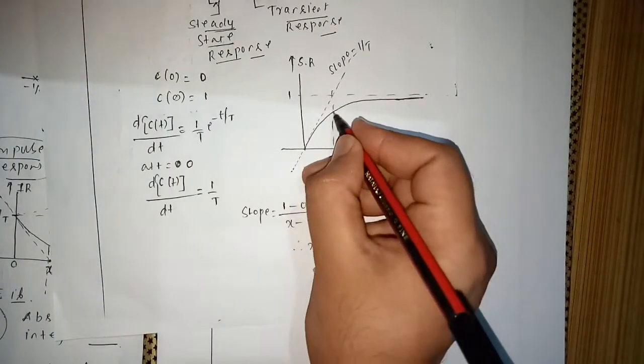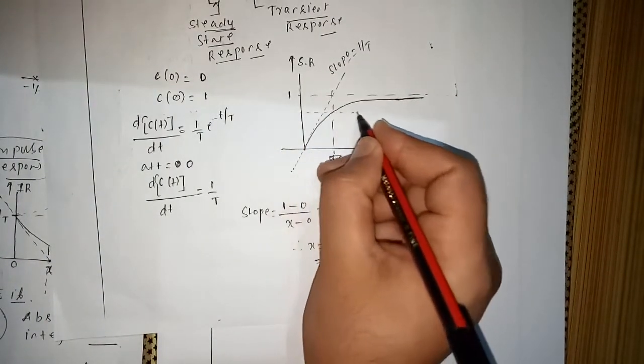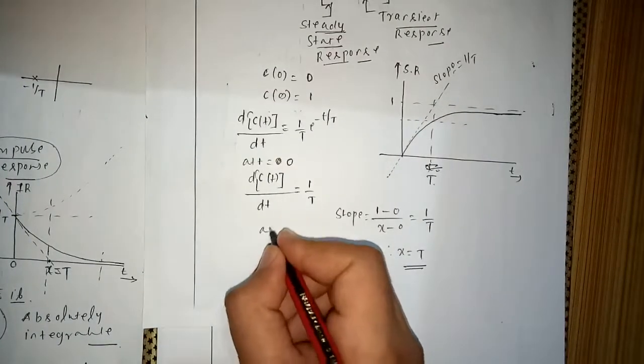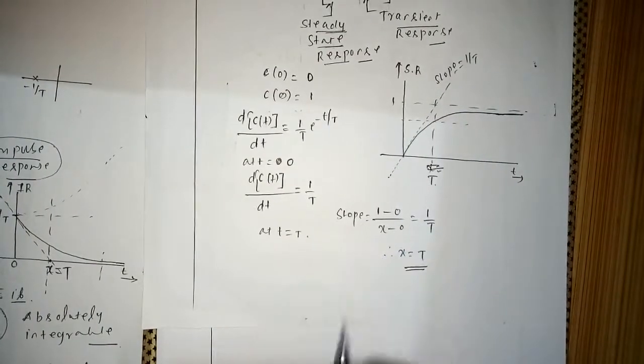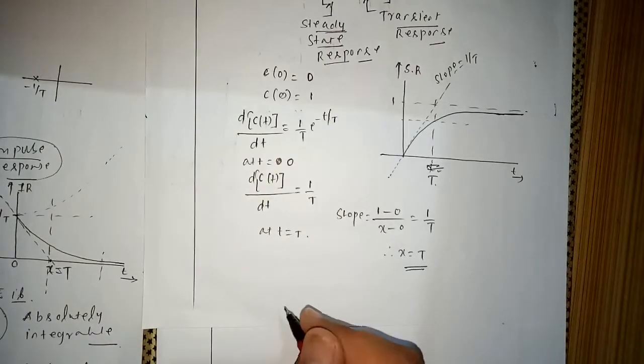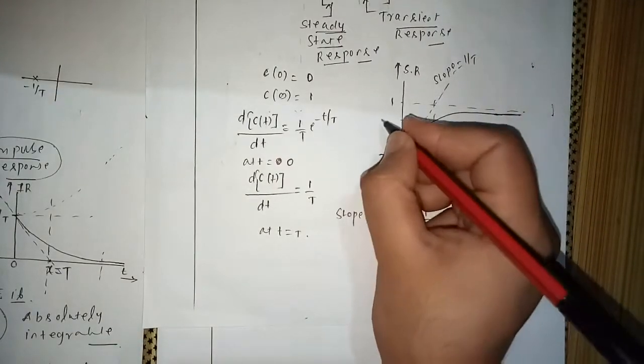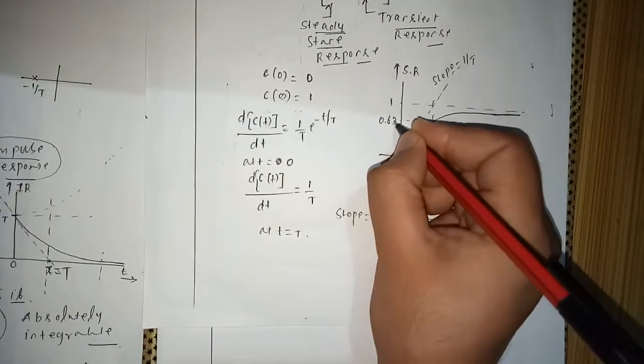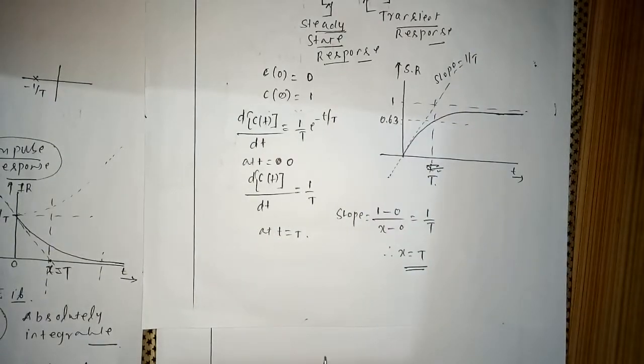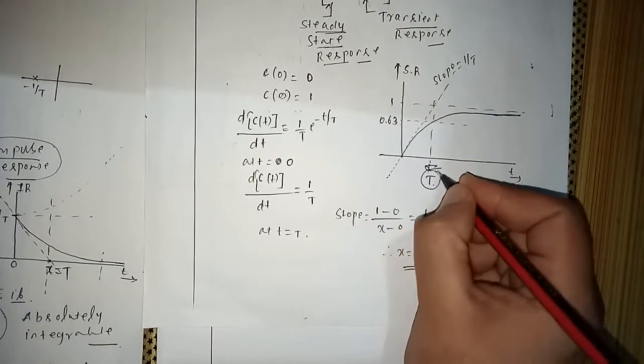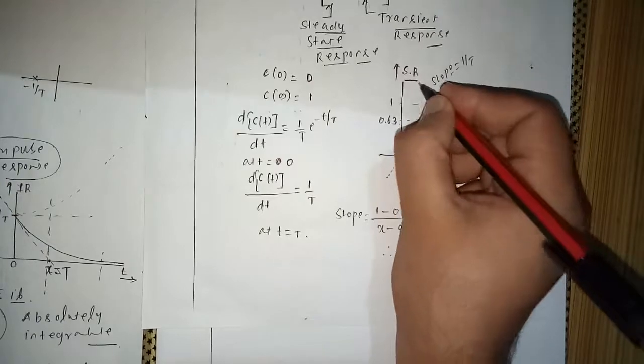Now what is the value of the step response at this value? At t is equal to T, if I put it in again, I get 0.63. So how can I define the time constant in terms of step response?